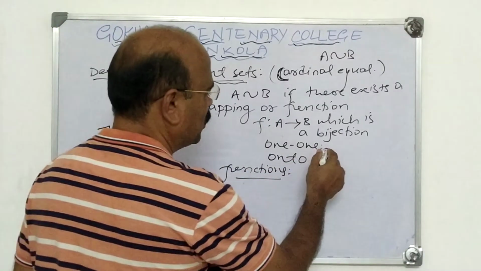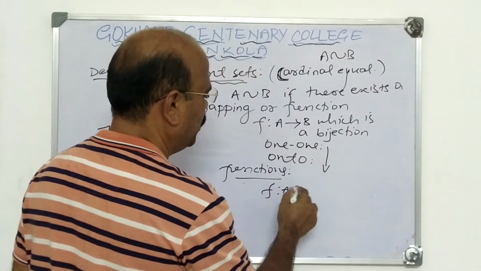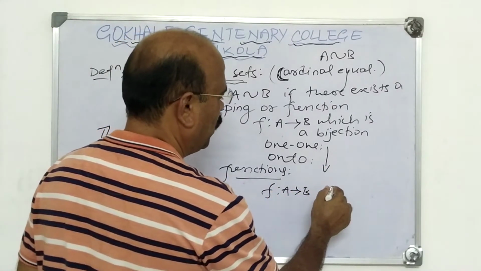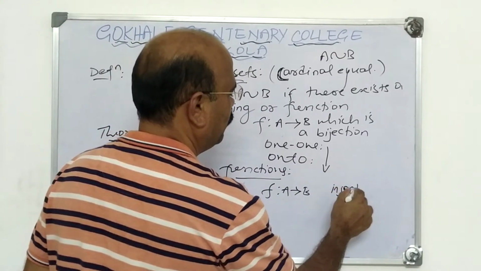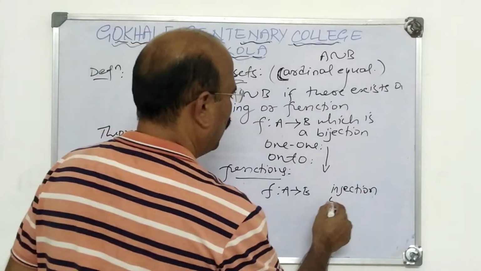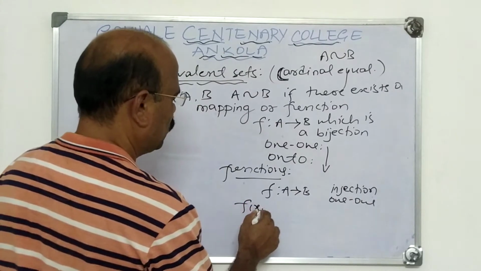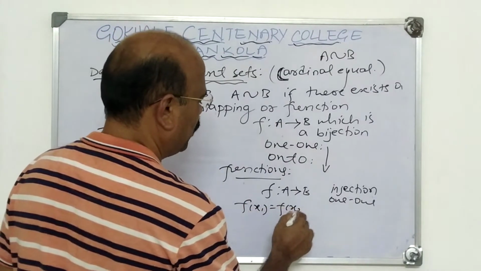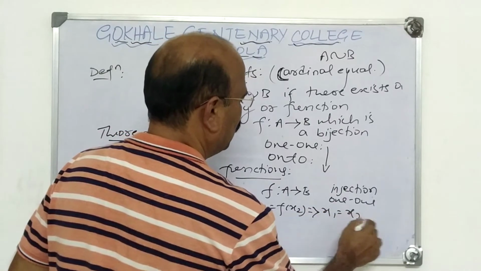When do you say that a function is one-one? A function f from A to B is said to be one-one, or it is called injection, if f of x1 is equal to f of x2 implies x1 is equal to x2.